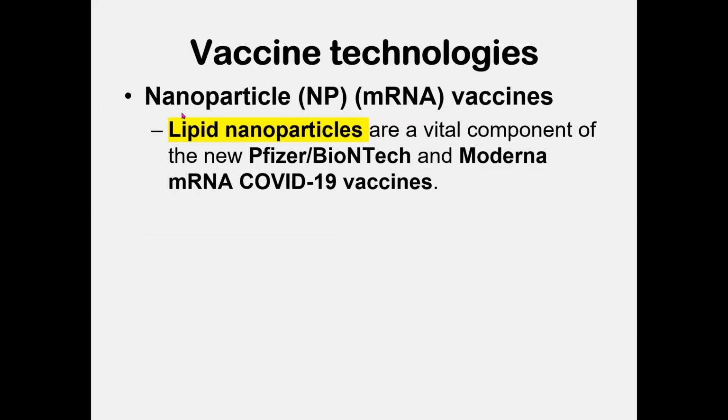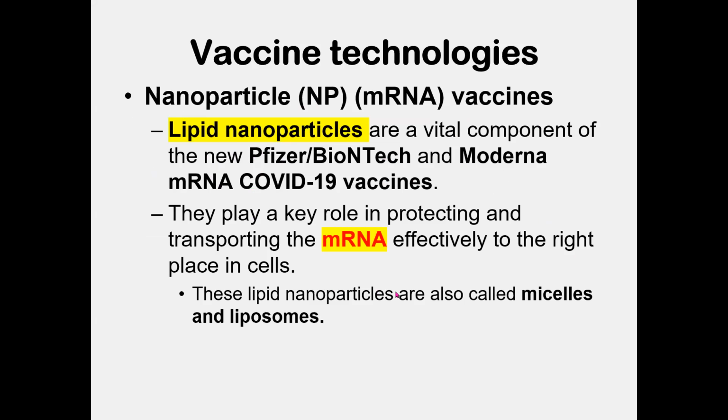Now the other one is the nanoparticle mRNA vaccines. Pfizer and Moderna are those, and they're very important. What they basically do is put the mRNA into small lipid nanospheres called micelles, little bubbles of fat, and they're sometimes called micelles and sometimes liposomes.